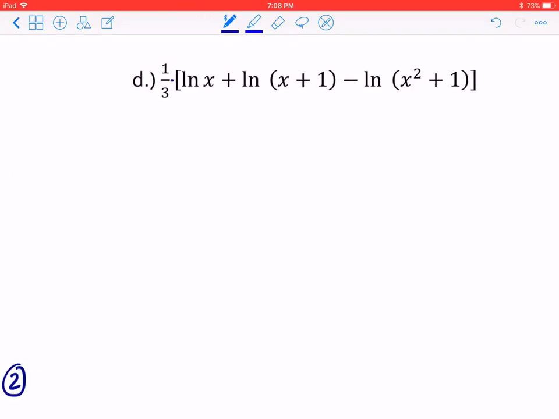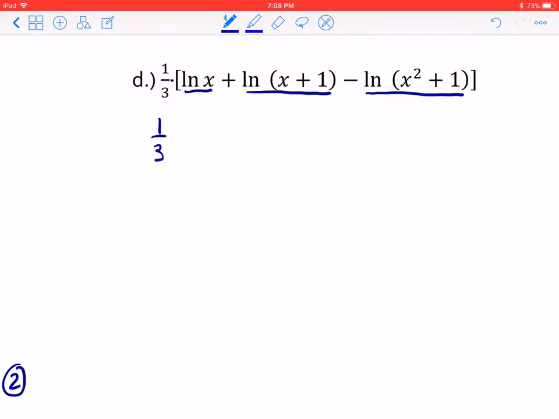Notice that this 1/3 is in front of everything, so we're going to have to go ahead and deal with that one a little bit later. So let's see if we can deal with everything inside. Well, we have an ln of x, an ln of x plus 1, and we have a minus ln of x squared plus 1. All of those have a base of ln, or a base of e, since they're the natural log.